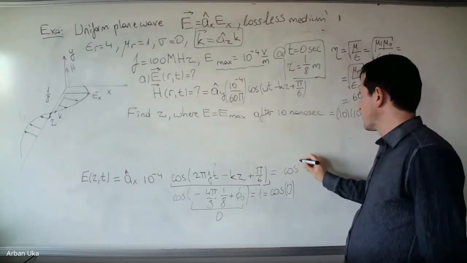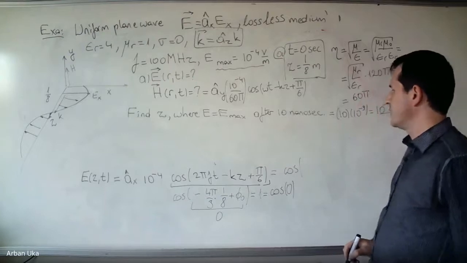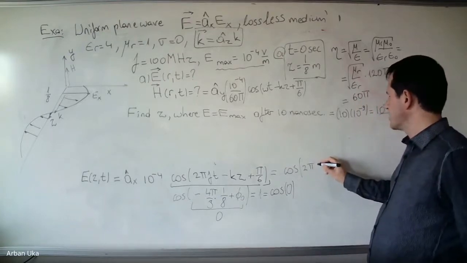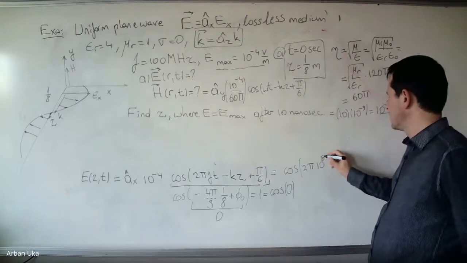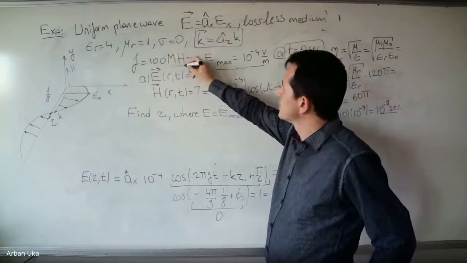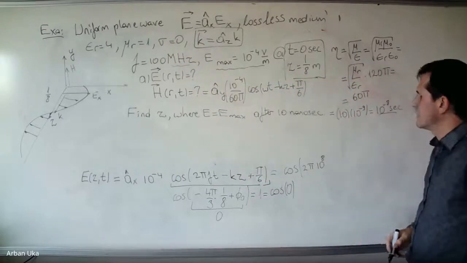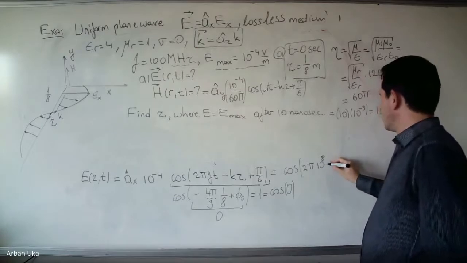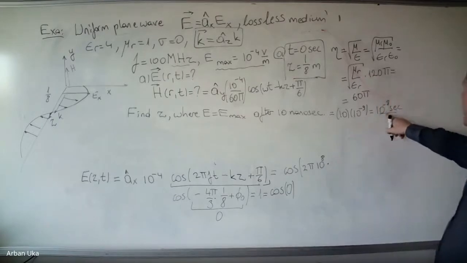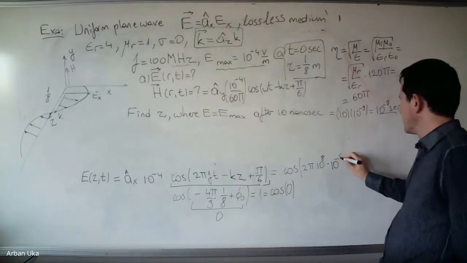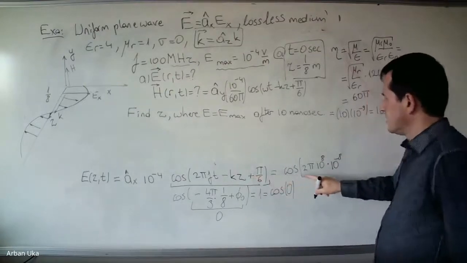So here we have cosine of 2 pi f. So we have here 2 pi times frequency, which was 10 to the power 8, because this was 100 megahertz. Mega is 10 to the power 6 times 10 to the power 2. We get here 2 pi times 10 to the power 8 times time, which is 10 to the power minus 8 seconds, because that's what 10 nanoseconds is.